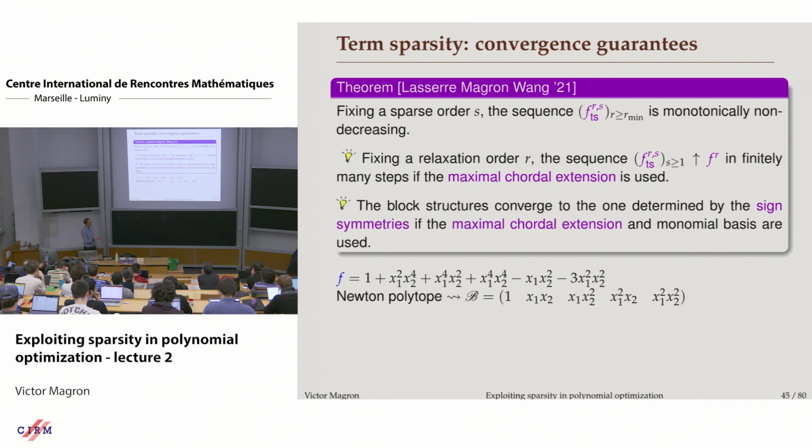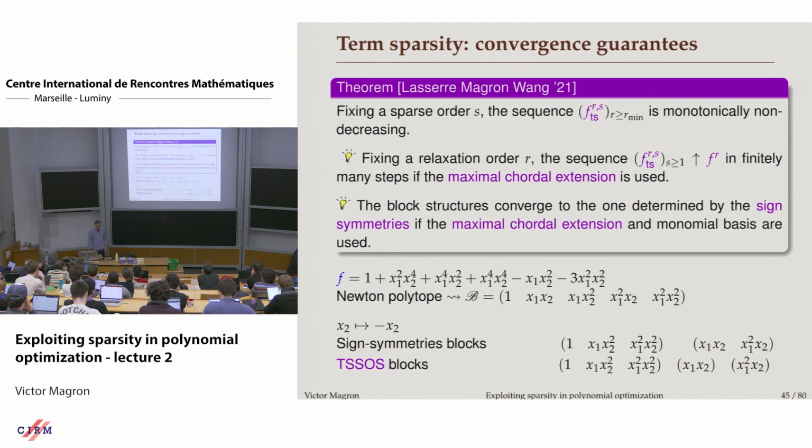This guy is invariant, this guy is not, and this guy is invariant. So when you exploit sign symmetries, you put all the invariant guys together and all the equivariant guys together. So you obtain two blocks. So these two blocks are here. And so this is the decomposition that you obtain by exploiting sign symmetries.